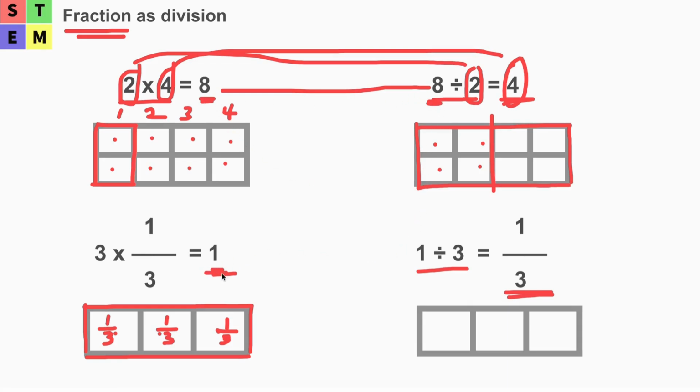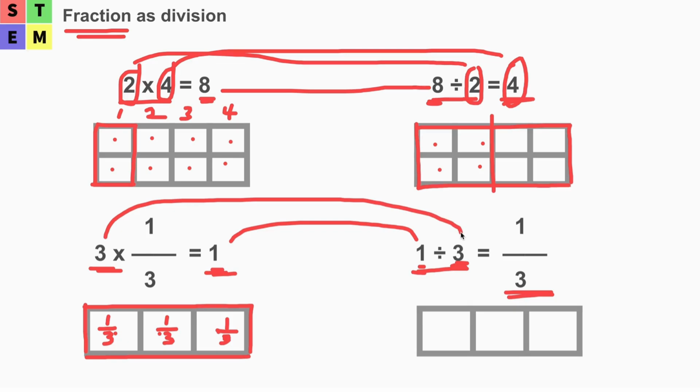So again we got 1 here, and we have 1 here, and divide by 3. And we got 3 here, so divide by 3. So the same, like 8 divided by 2 here, and then the result will be 1 over 3. That's basically a similar example as above, just with different numbers.